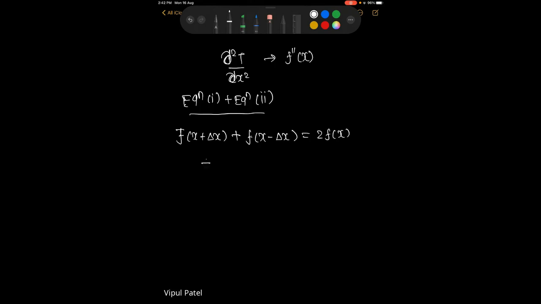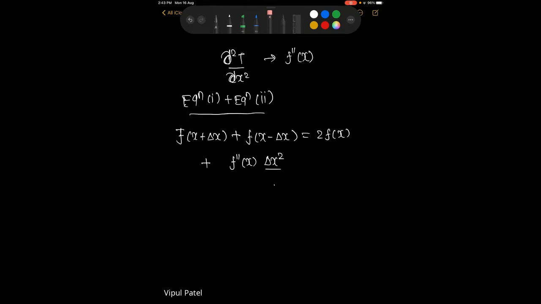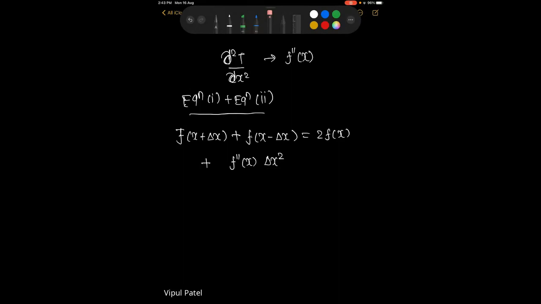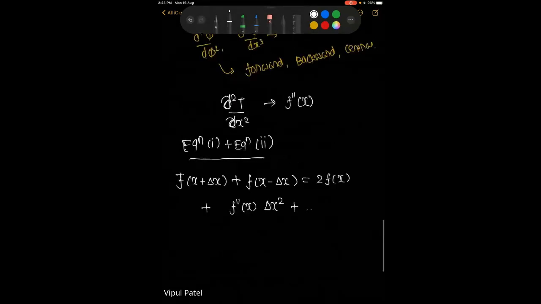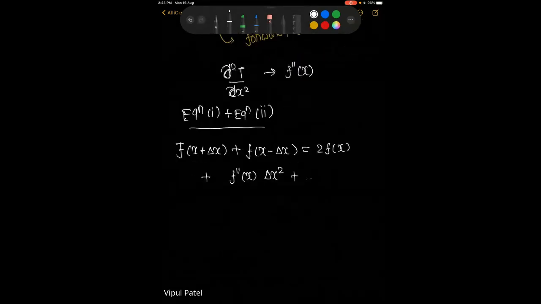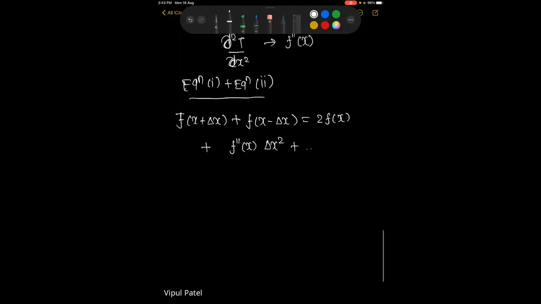And then 2 times f double prime x into delta x square by 2 factorial, but as I mentioned, this 2 and this 2 will be cancelled out. Okay, so you have this term, and there are certain higher order terms. Okay, let me write that particular term, because we will need that part, because ultimately we want to write what is the order of accuracy of this formulation, right? So for that, I think you will be having this particular term.